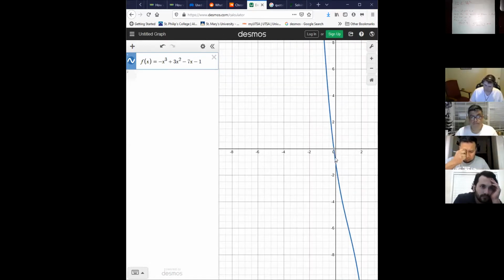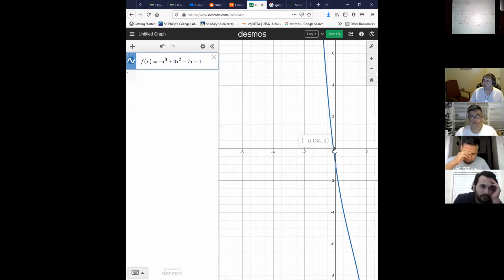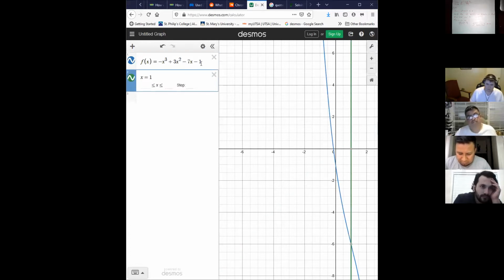So at this point, let's see here, 3x squared plus 3x cubed. Yeah, that's right, we're good. Just because I can't see it, I'm going to put a number at x equal to 1, just so I can find it easier.